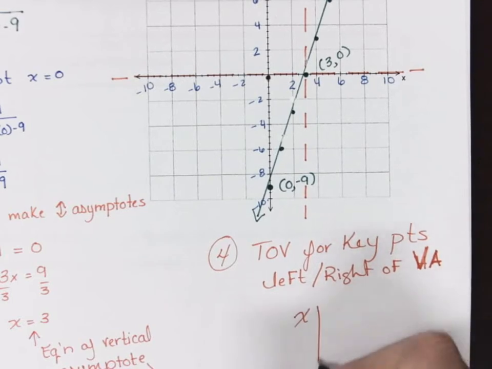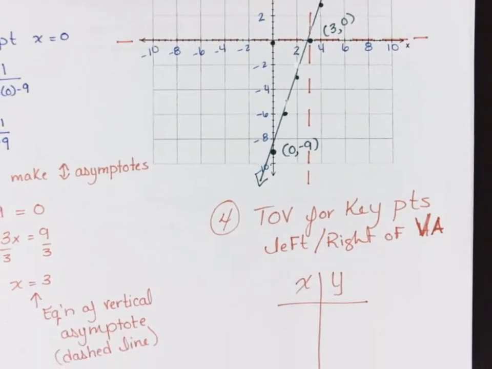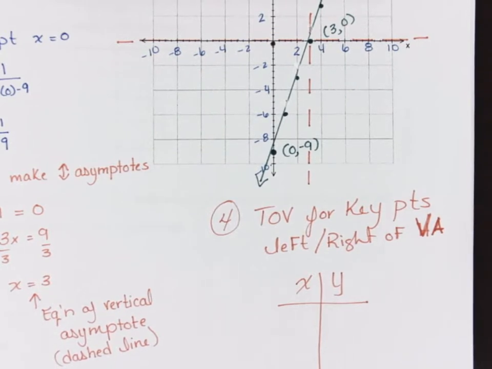All right, so table of values, x and y. My vertical asymptote occurs at 3, so I want to pick points to the left of 3 and to the right of 3. Okay, so let's do the left-hand side first. Going to give you a nice hint. You went up by 2, so pick numbers that involve 2s.